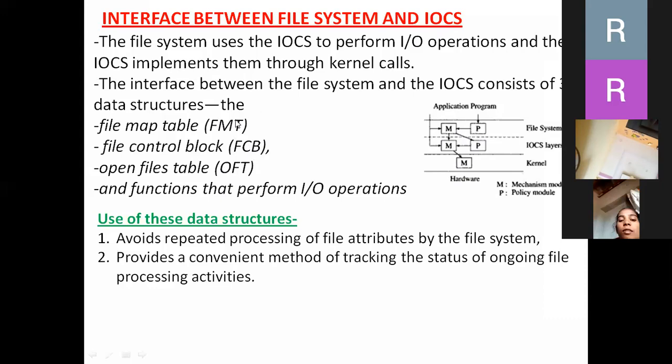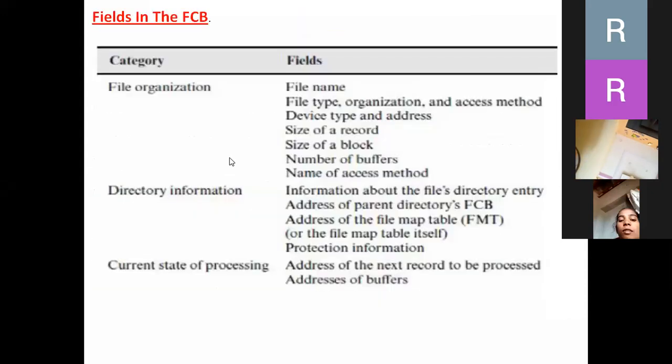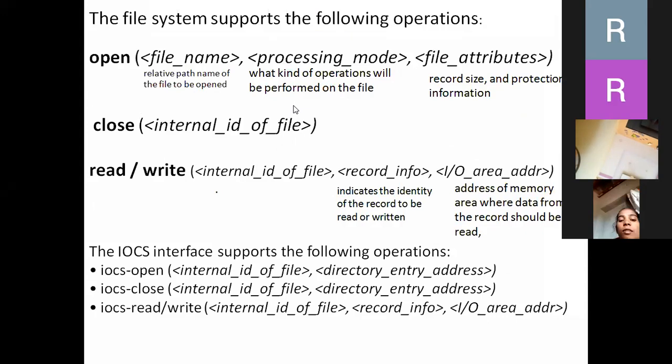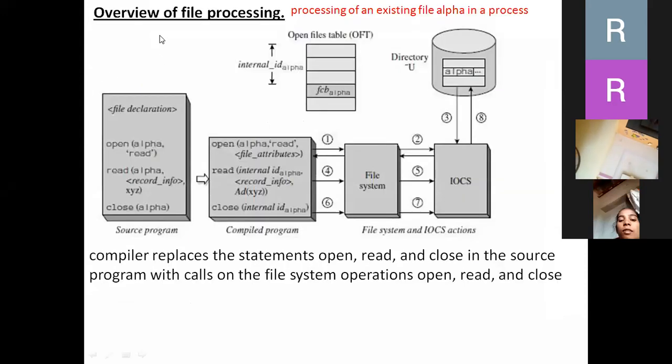And to achieve this, these data structures will be used, along with the information regarding the setup of opening a file alpha, like here is the figure, and the IO operations as well as the file operations supported by the file systems, along with the overview of file processing.